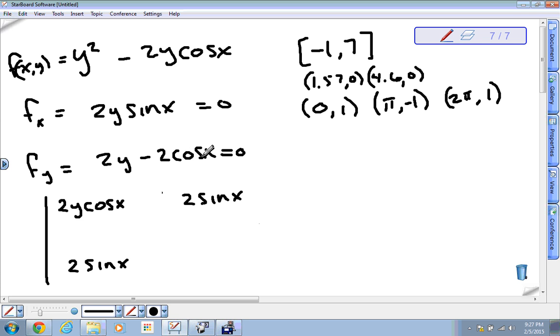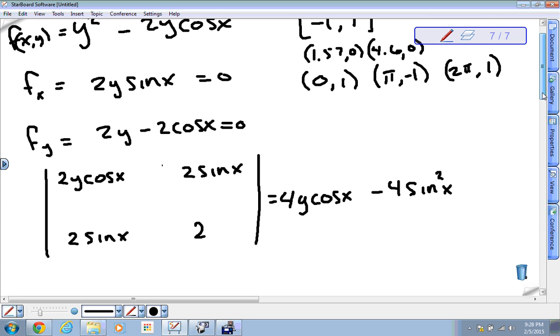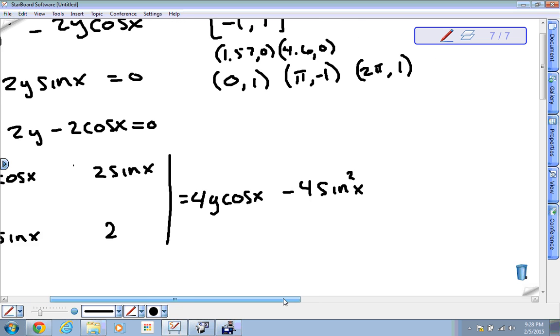And if you take the derivative of this guy with respect to y, you simply get a 2. So cross multiply, you get 4y cosine x minus 4 sine squared x. And so now it's simply a matter of plugging in values.